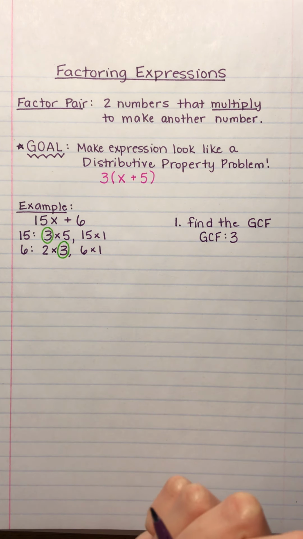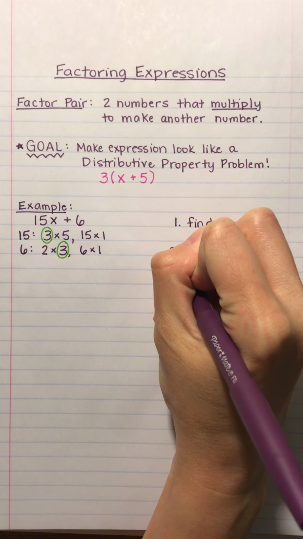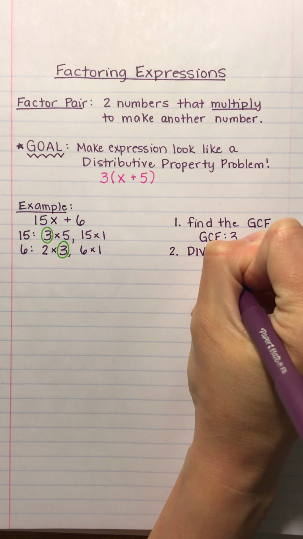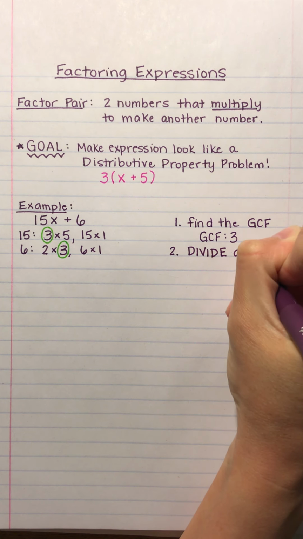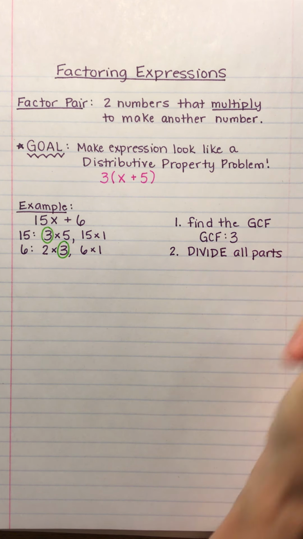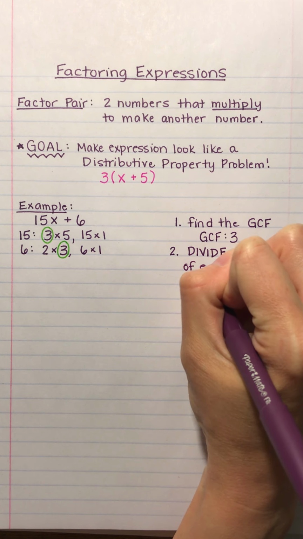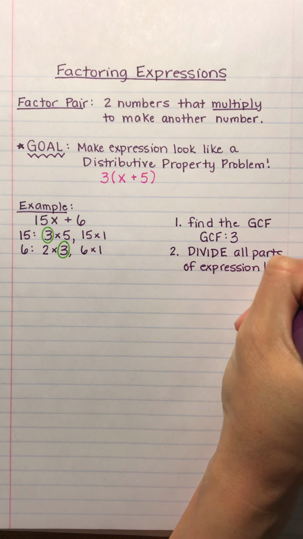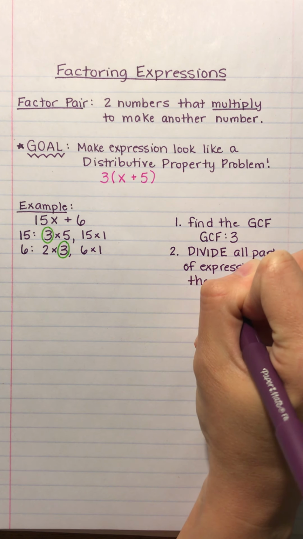All right, so that was the first step. Second step is that I need to divide all parts of my expression by the greatest common factor.